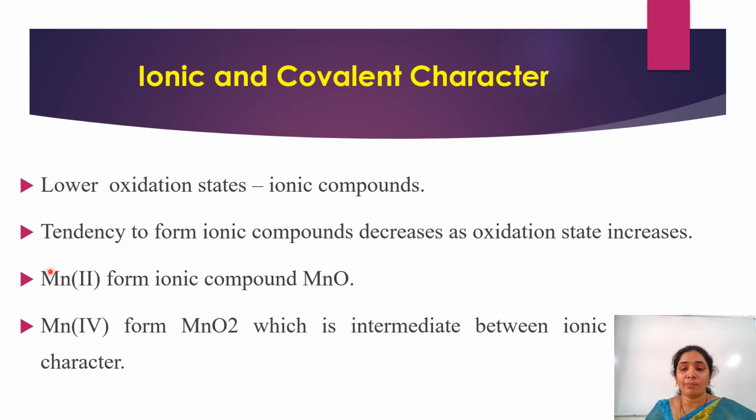For example, if you take manganese in +2 oxidation state, it forms an ionic compound, that is MnO, manganese oxide. Whereas in the manganese +4 oxidation state, it forms MnO2, which is intermediate between ionic and covalent character.